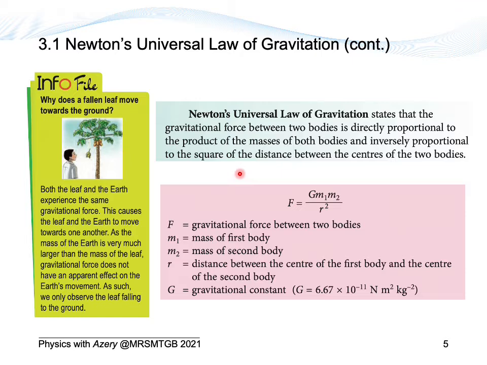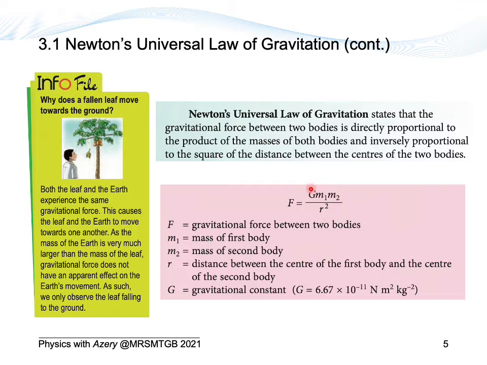And from the formula, we obtain F equals G times m1 times m2 divided by r squared. And we already know that m1 is the mass of the first body, m2 is the mass of the second body, and r squared is the distance between the centers of these two bodies.